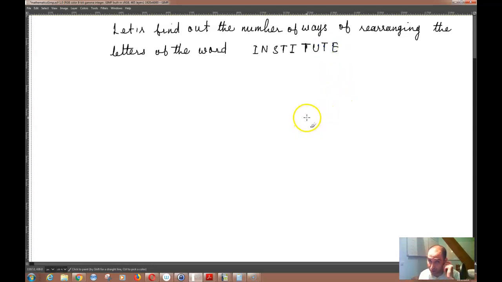So the word institute has two I's in here, one N, one S, and three T's.